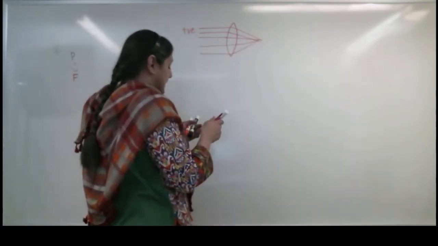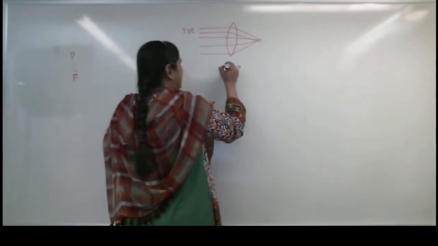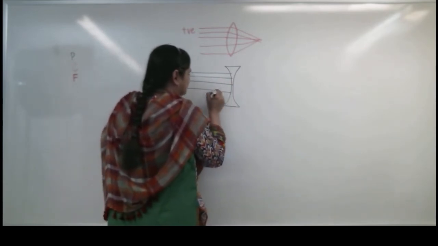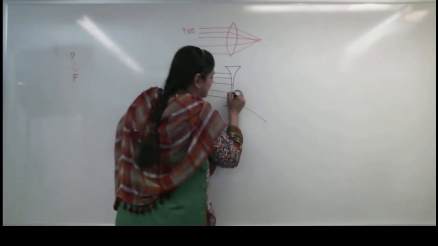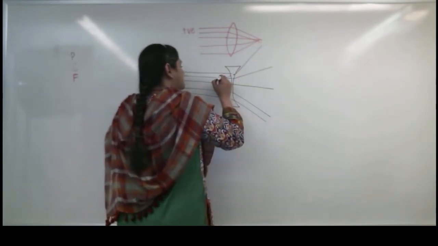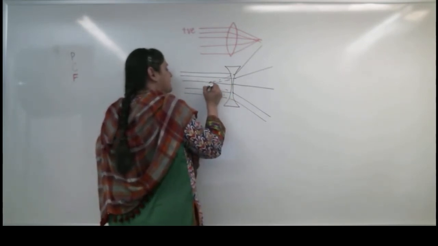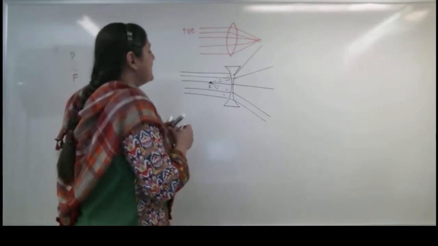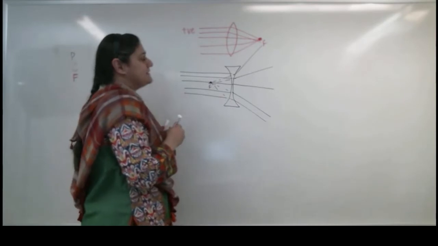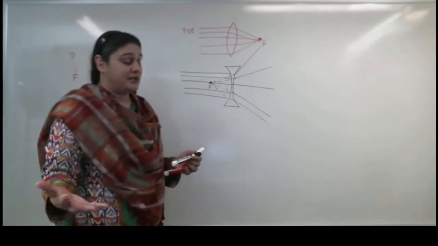My negative lens is going to look like this. What it's going to do is all the rays that are coming in parallel will actually diverge away, except for the middle one, so that it appears that all of these rays were coming in from a focal point here. So the focal point for a positive lens will be here, and the focal point for a negative lens will be here.